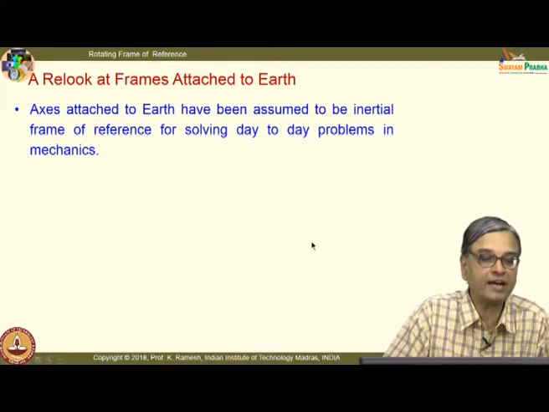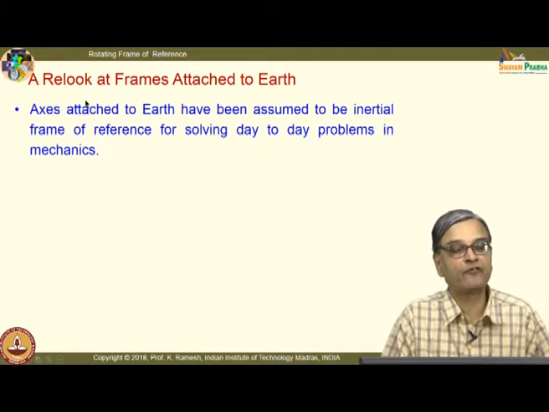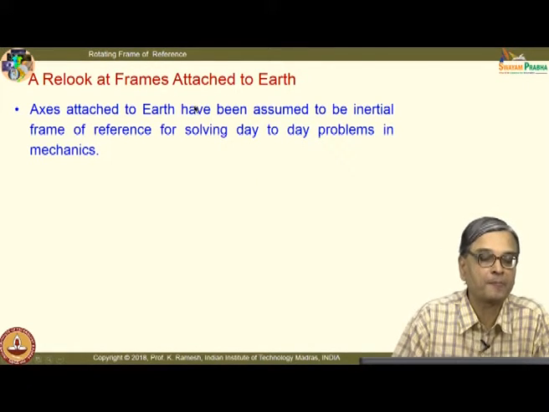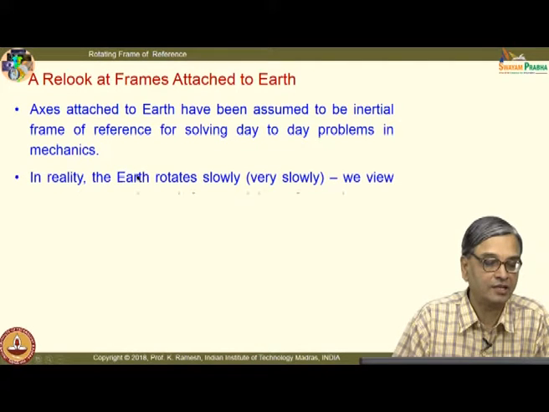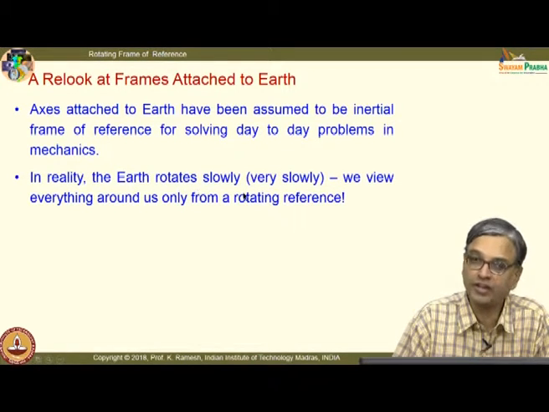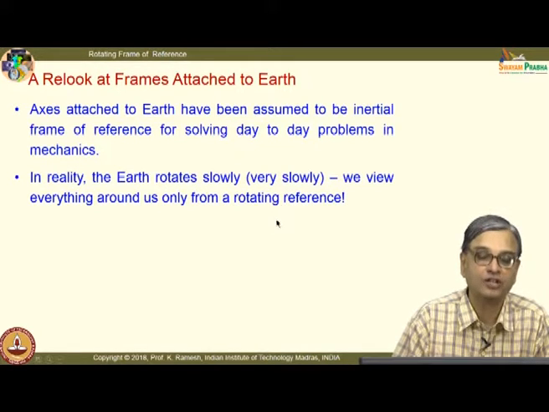And now let us take a relook at frames attached to earth. Axes attached to earth have been assumed to be an inertial frame of reference for solving day to day problems in mechanics. In reality, the earth rotates slowly, very slowly, that is the reason you do not sense that. We view everything around us only from a rotating reference.